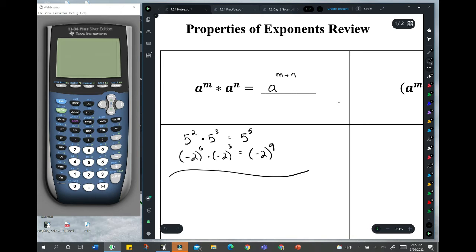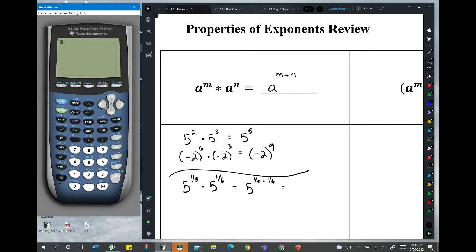What we're going to do today is basically the same thing, but with fractions. So if you have 5 to the 1/5 times 5 to the 1/6, you can add together those exponents. Now, I know fractions are something that are a bit scarier, but fortunately, your graphing calculator can add fractions for you if they are something that causes you problems.